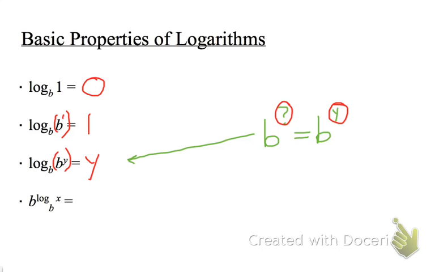And this last basic property here, if we look at what this is asking, the formatting is a little confusing, but let me rewrite it. So this is actually the base b raised to the logarithm base b of x power. That logarithm is the entire exponent of a base b.